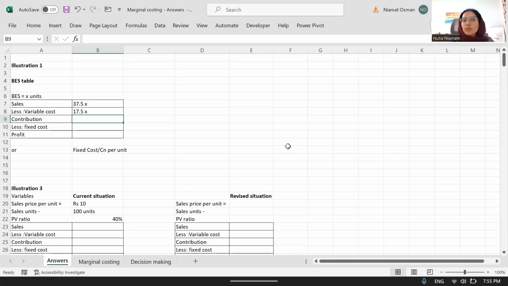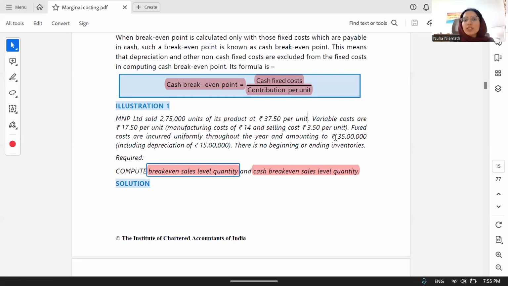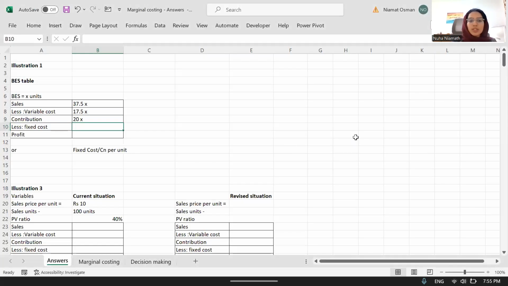What will be my contribution then? Can somebody tell me? 20x. Perfect. What is my fixed cost? My fixed cost here is 35 lakhs. Thank you, Abhishek. So profit is equal to 0 because we're talking about break-even.